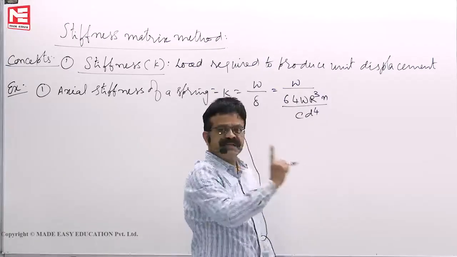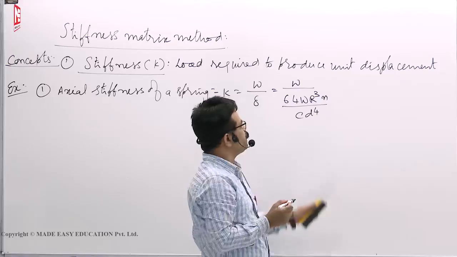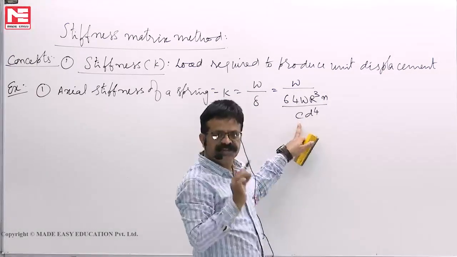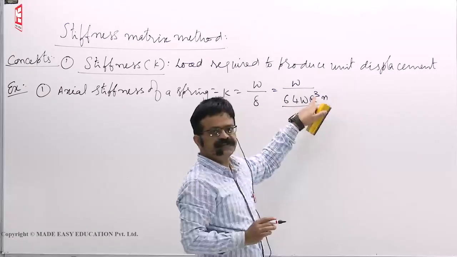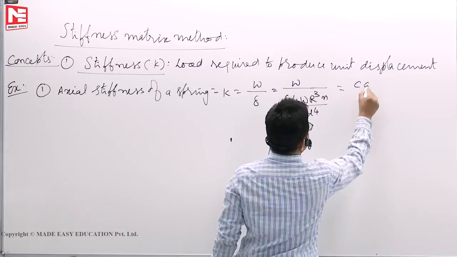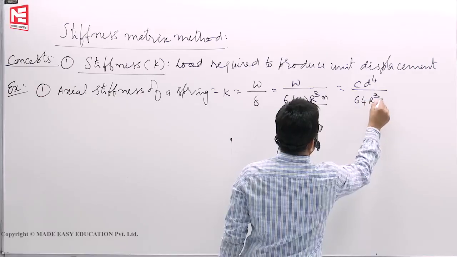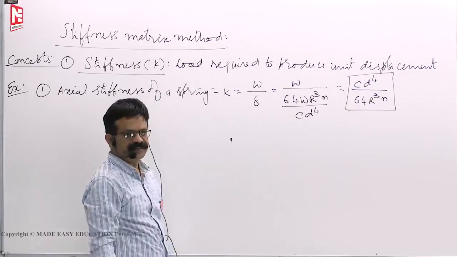R means mean radius of the coil. N means number of turns in the coil. d means diameter of the spring wire. C means shear modulus. W is the load applied. This is the deflection of the spring. So from this you get C d to the power of 4 by 64 R cube N. This is the axial stiffness of a spring.